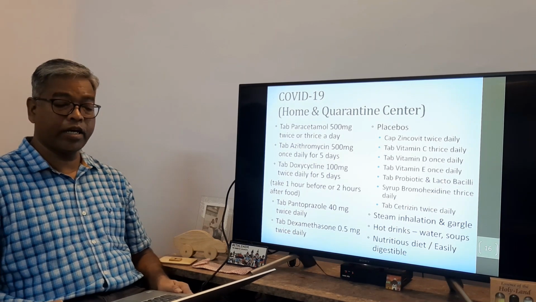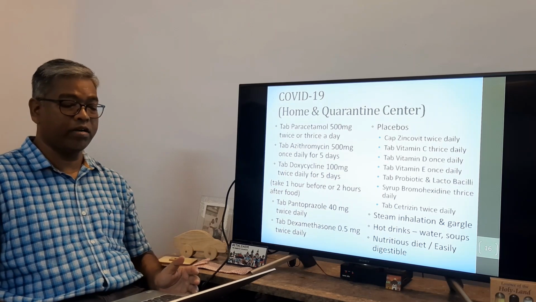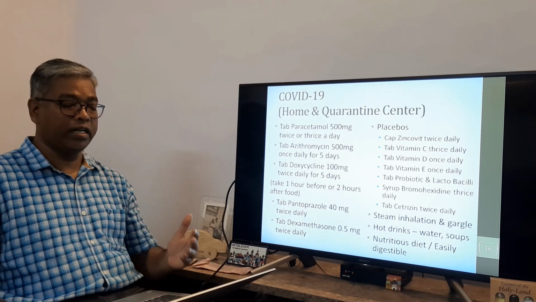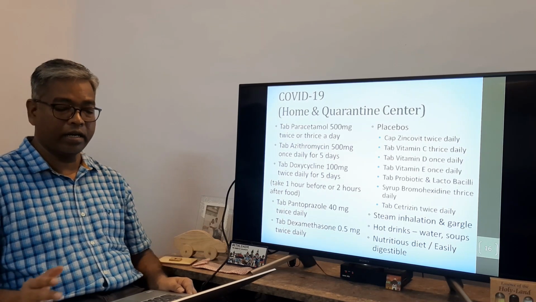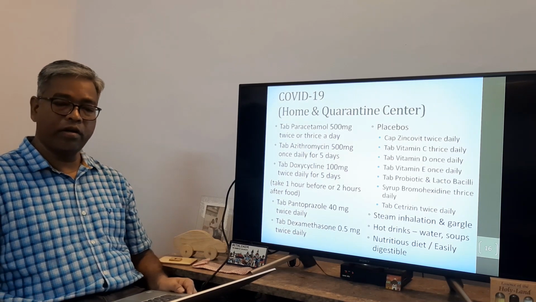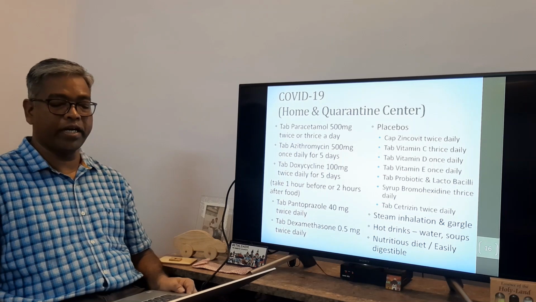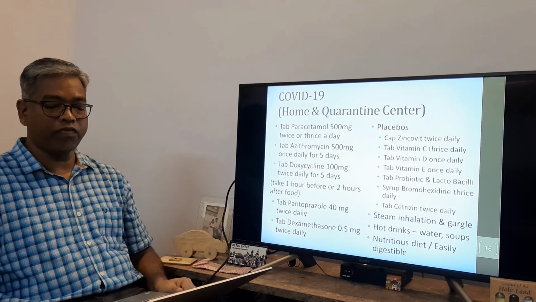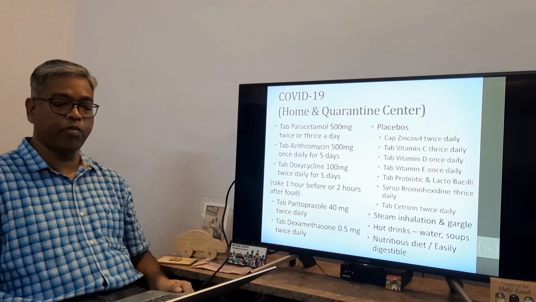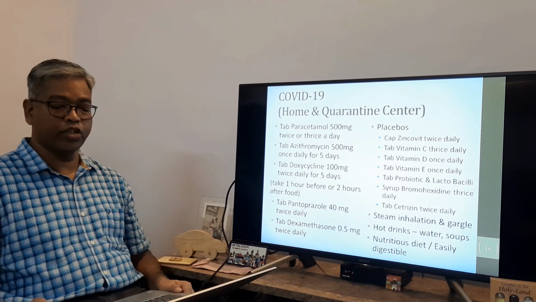And take probiotic and lactobacilli, because there's inflammation, and you have taken azithromycin and doxy and all that. So the diarrhea and other gut problems can be protected by probiotic and lactobacilli. And some cough syrup which contains bromhexine, take twice daily.